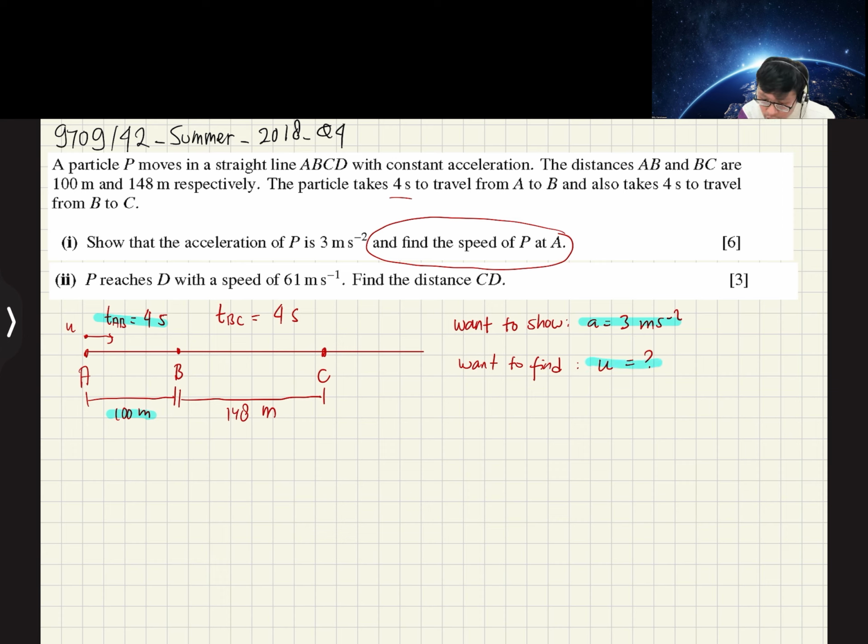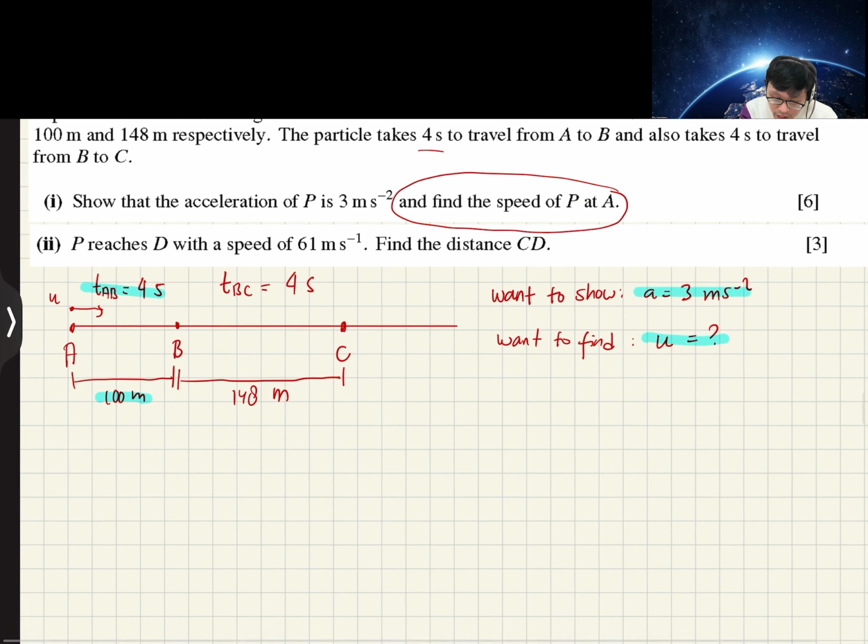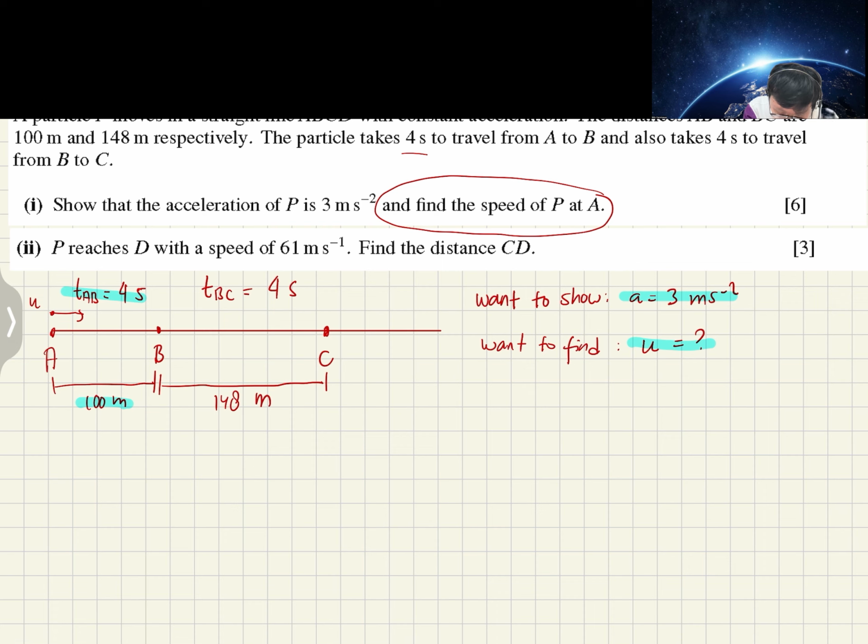Let's look at what we have. Time, we have S, A, and U. So there's no V. So we can use the third equation like before. So S equals UT plus half AT squared.